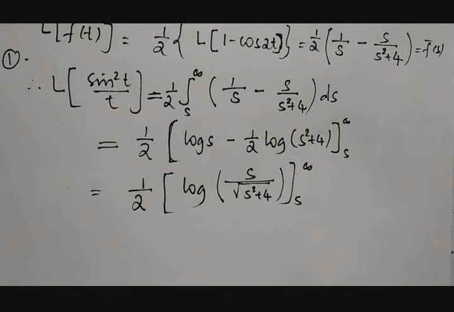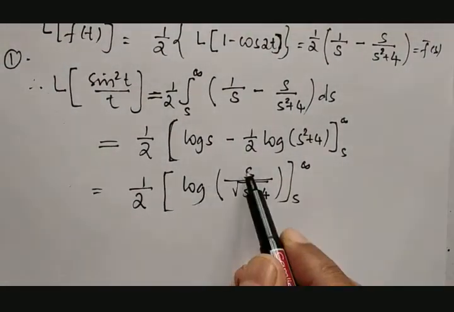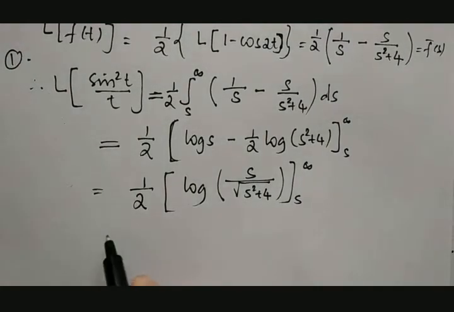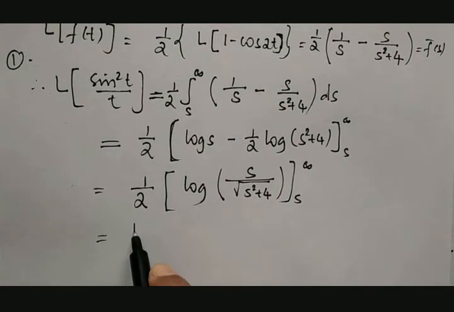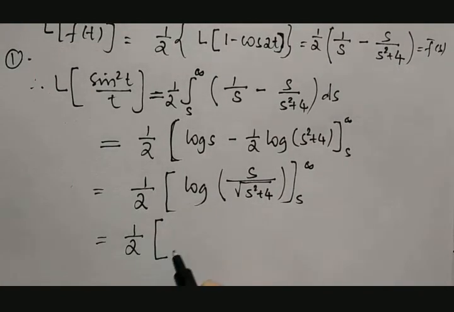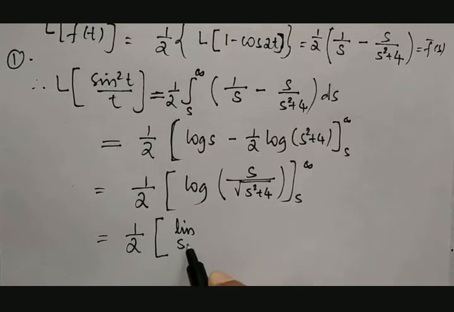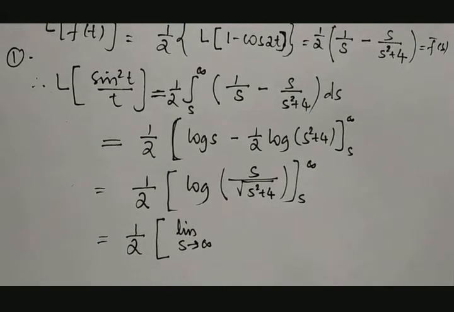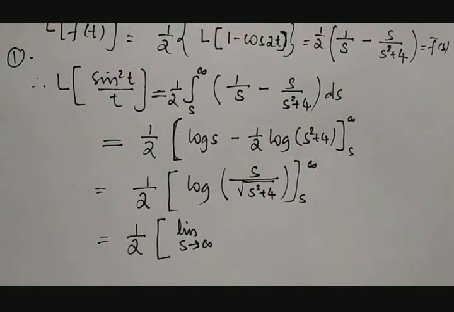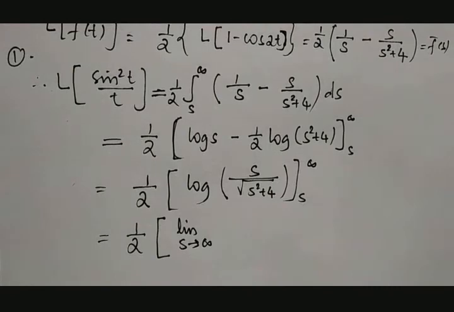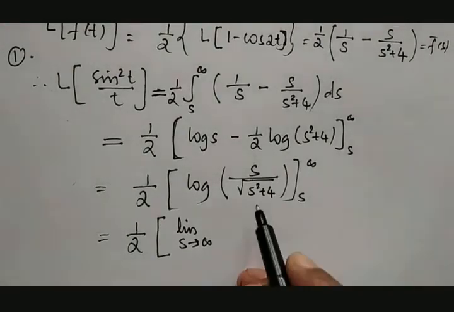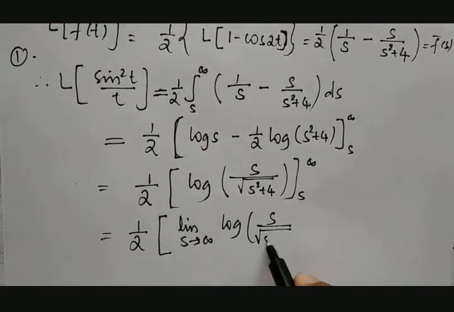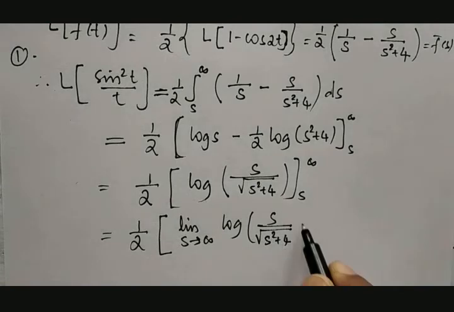Now if you substitute, is it okay? Then we'll get log infinity by infinity as a result of substituting the upper limit infinity in place of s. So not possible. For the time being, we'll keep the first term as it is, and this is s divided by square root of s square plus 4.